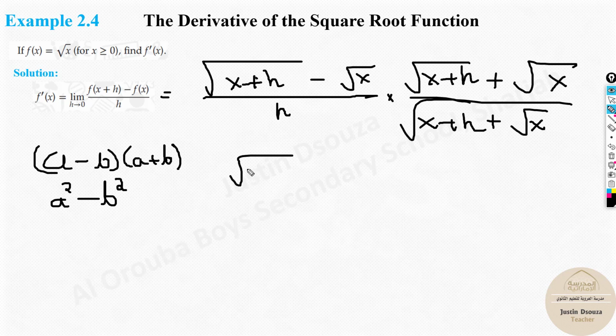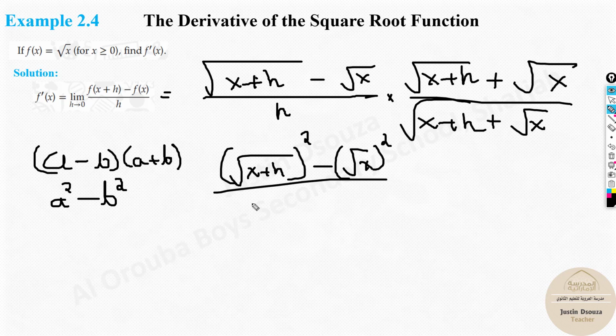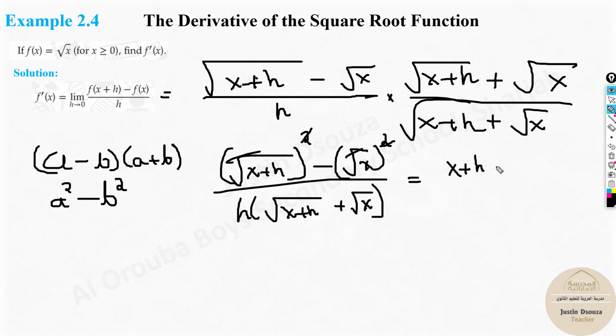So what happens over here is it'll be (x plus h) whole squared minus root x the whole squared, divided by h multiplied by (square root of x plus h plus square root of x). Now the square root and the square cancel off, so you're remaining with x plus h minus x, divided by h times (square root of x plus h plus square root of x).